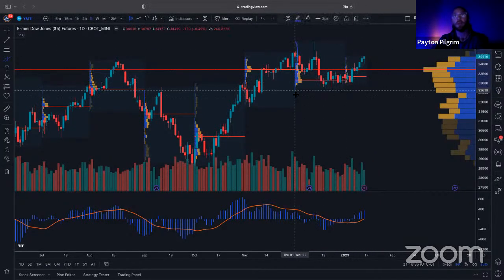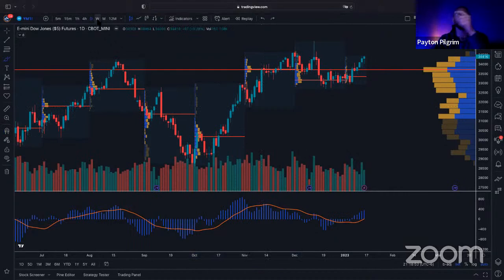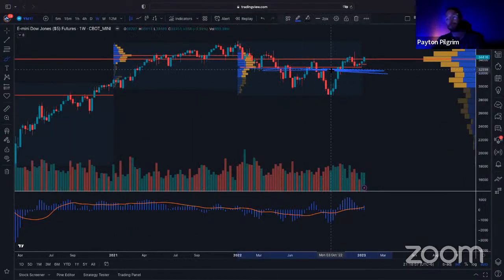So the month of December, the month of November, and so on. And these are the highest traded prices within that. I just wanted to break that down so y'all know what I'm looking at. This would be like a yearly point of control.